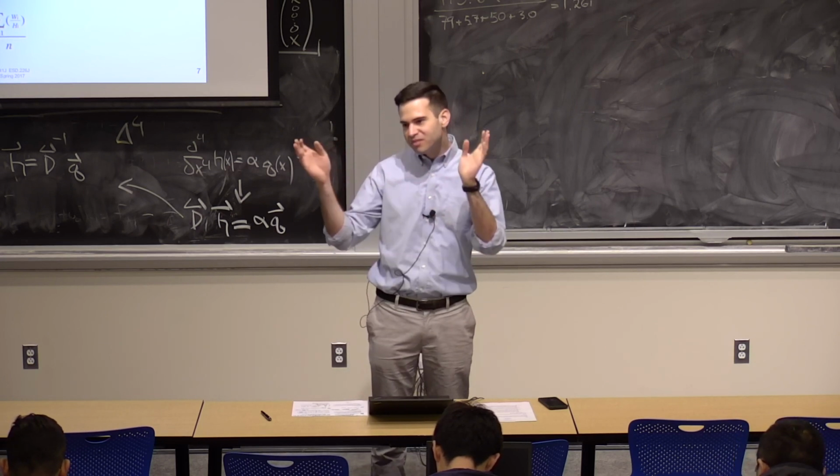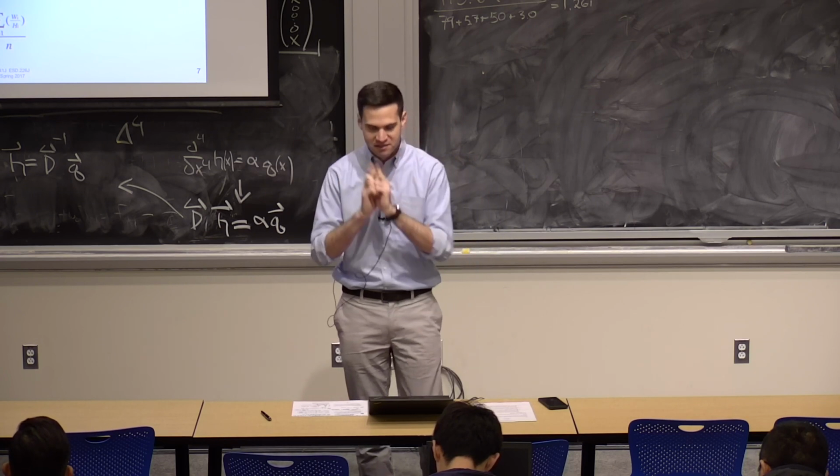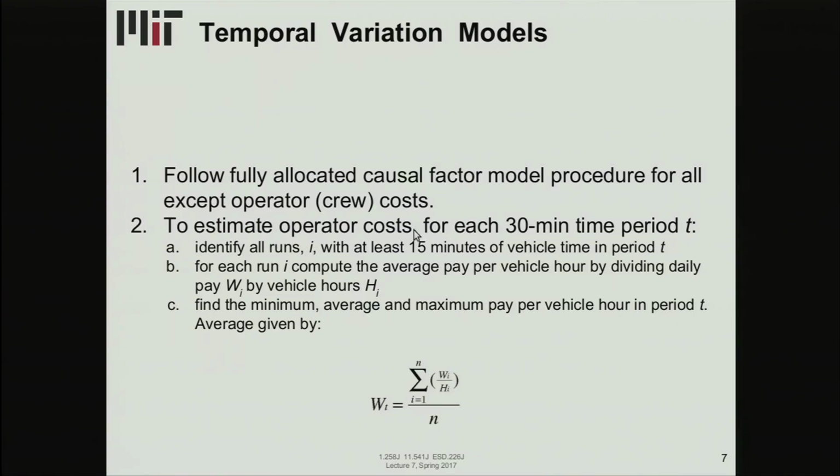It's their shift, a sequence of trips that are being operated by a single driver. And we look at all runs and all periods, and for each period, any run that has at least 15 minutes in that period gets included in that period, right? And then we compute the average pay per vehicle hour by dividing the daily pay by the number of vehicle hours over all runs in that period.